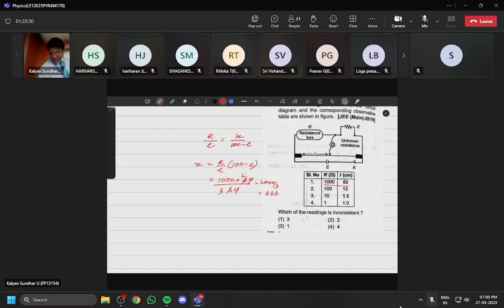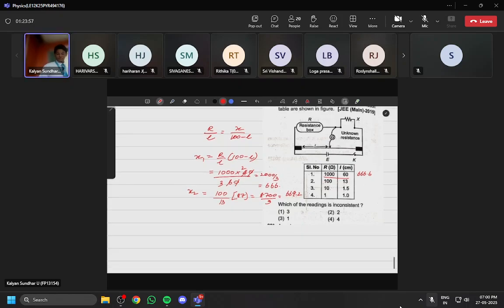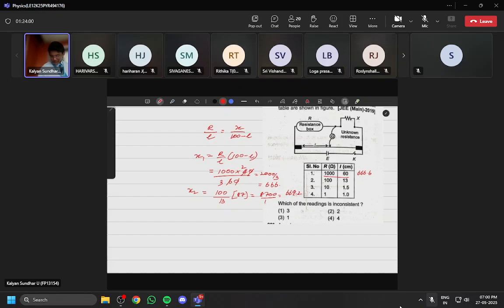Next, 666.6. For the second value, this is your x1 value. The x2 value: what resistance is given? 100 divided by length, which is 13. 100 minus 13 is 87. So it will be 8700 by 13, which is approximately 669.2. Right?